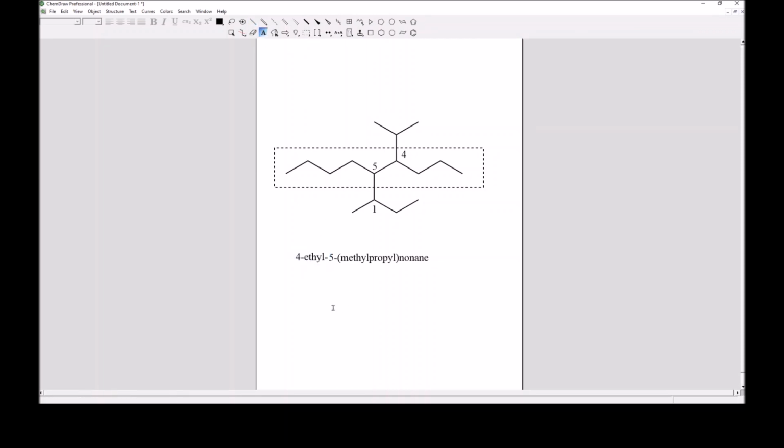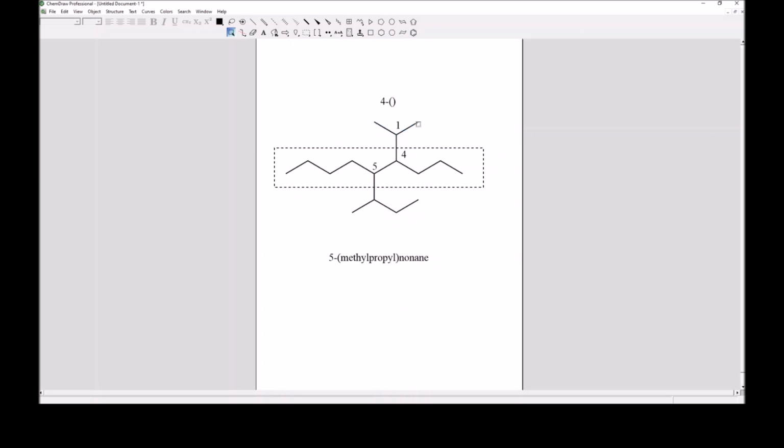So now instead of being a 4-ethyl group, I'm going to rewrite this. This is now coming off of the 4 position. I have a branched substituent. Branched substituents always get parentheses. The longest continuous chunk of carbons, not counting the carbon that's part of the parent chain, but moving one over so that this becomes the number 1 position, is a 1 and then 2.